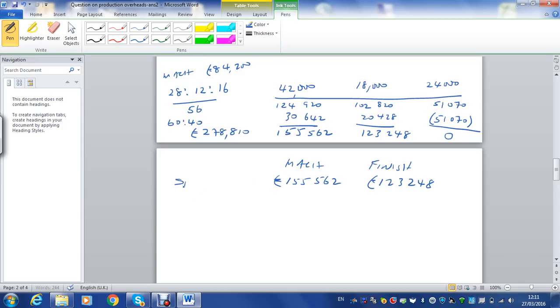That's the split. What is that? That is our budgeted overheads. So to get the overhead absorption rate, and again, sorry for the abbreviation, it is budgeted overhead divided by activity.